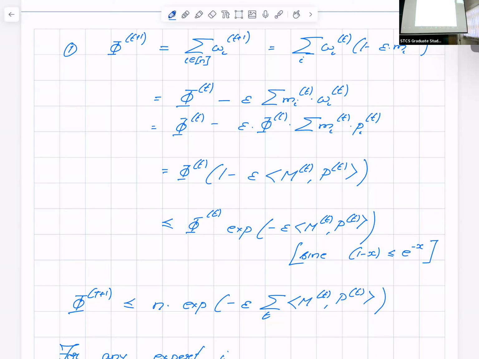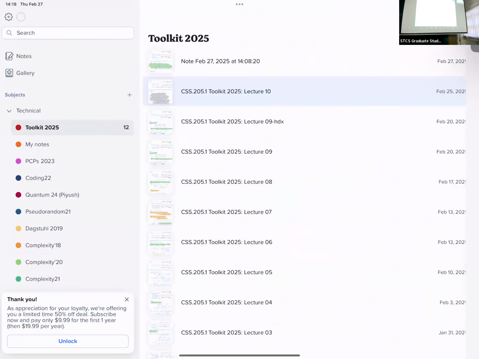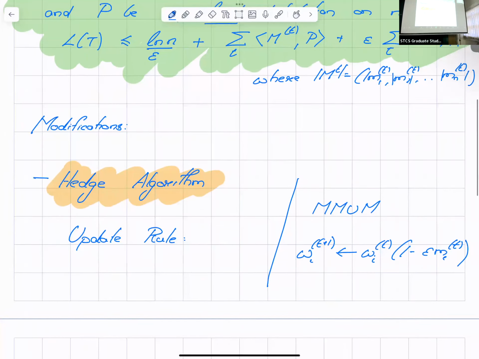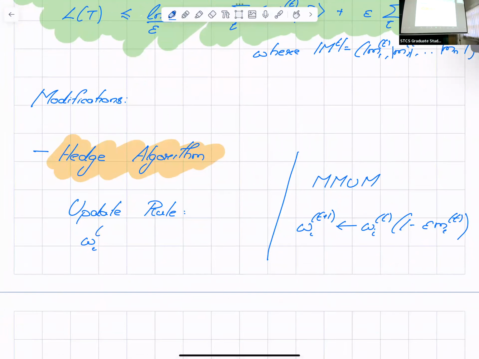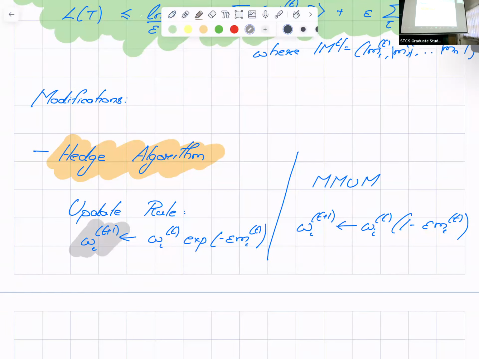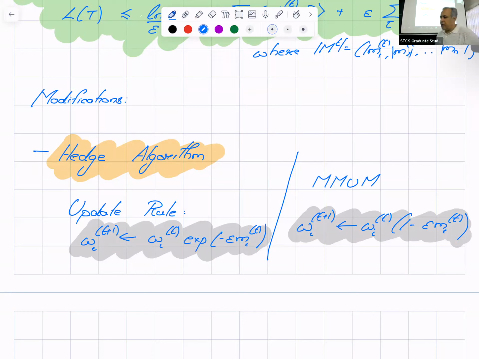The hedge algorithm keeps the update rule as this exponential object instead. The key difference is that, that's the hedge algorithm. The difference between the two of them being this fact. And you can analyze it exactly as we did.